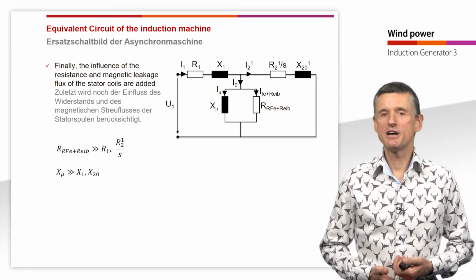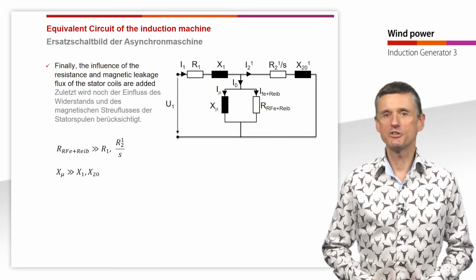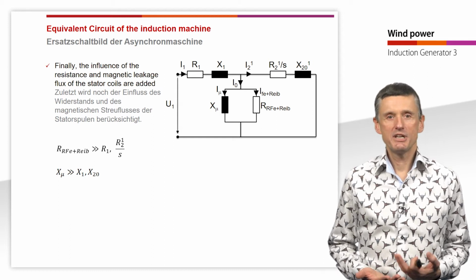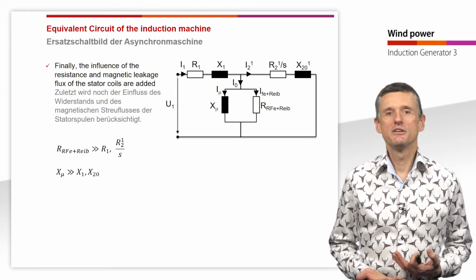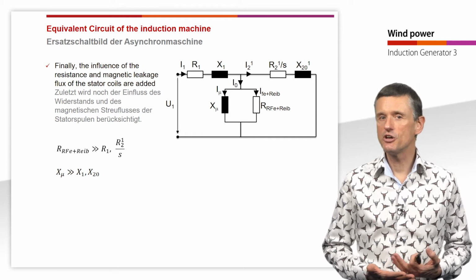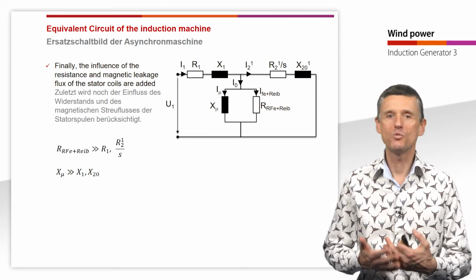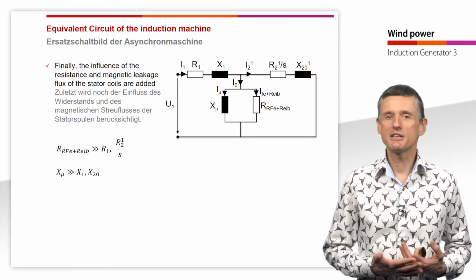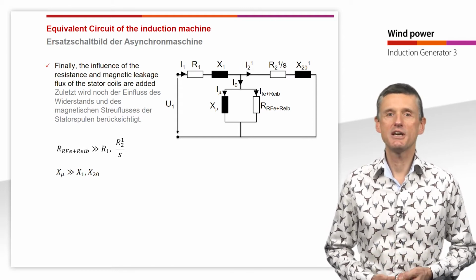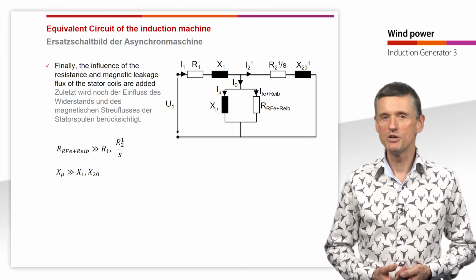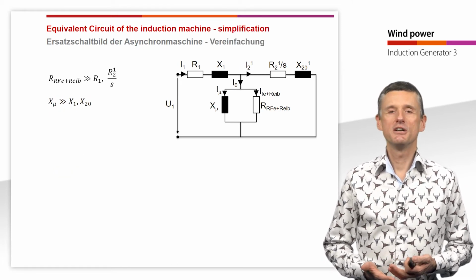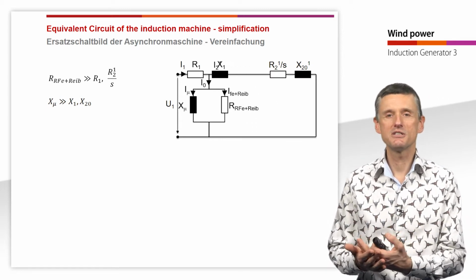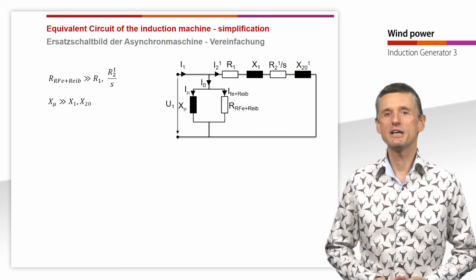Finally, we need to add this R1 and X1 for the stator. And now we do some tricks. As this R_Fe and the friction losses are much bigger than the R1 and the R2' divided by S, and also the X_mu is much bigger than the X1 and the X20', we can shift this vertical branch to the left and these resistances and impedances to the right.